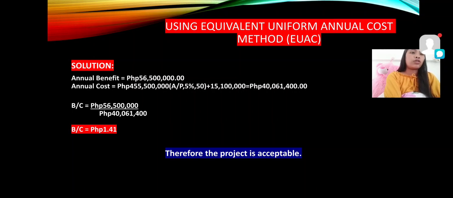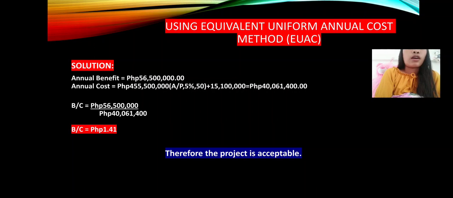Using the equivalent uniform annual cost method, EUAC, here is the solution. So, given the annual benefit, 56,500,000 pesos, the cost is 455,500,000 pesos. For computing A over P, the formula is P over A is equals to (1 plus i raised to n minus 1) over i(1 plus i) raised to n.